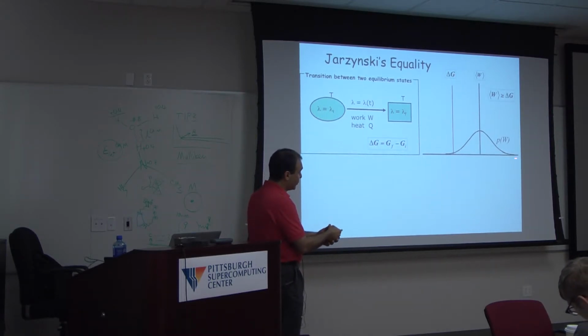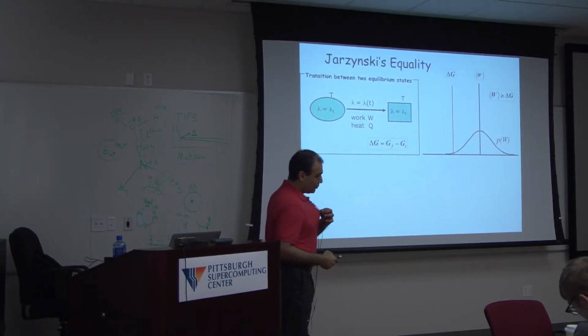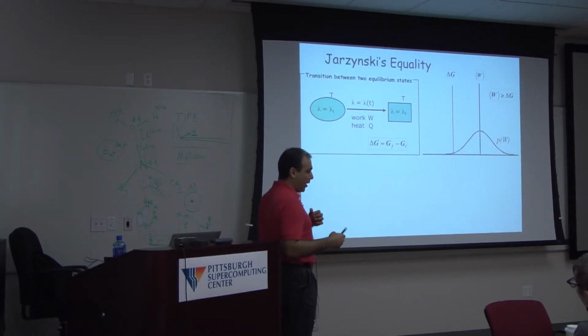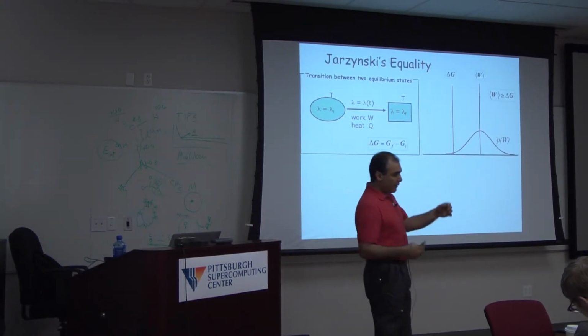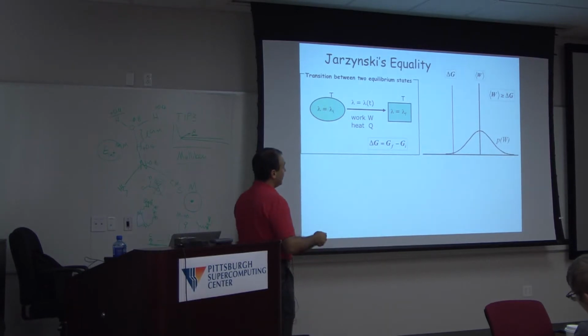If you look at the distribution of the work, one time you pull me hard, one time I'm already moving in that direction, you use less work. And on the average, your work is going to be higher because some of the work is done to the system unnecessarily.